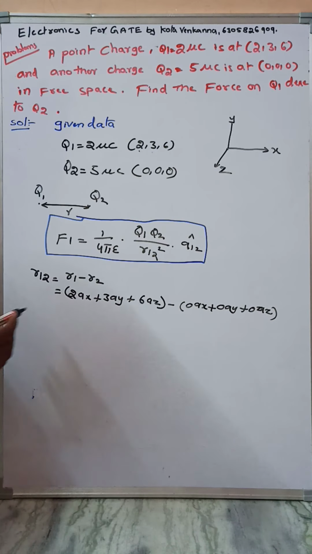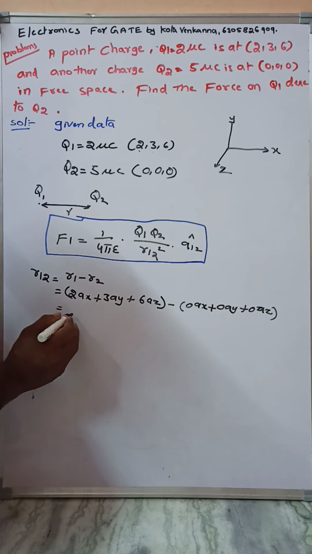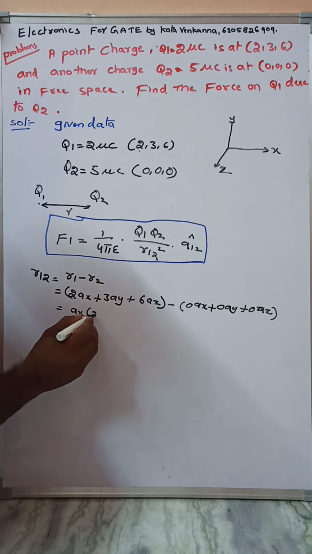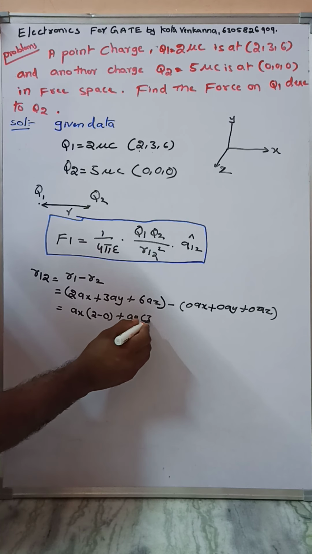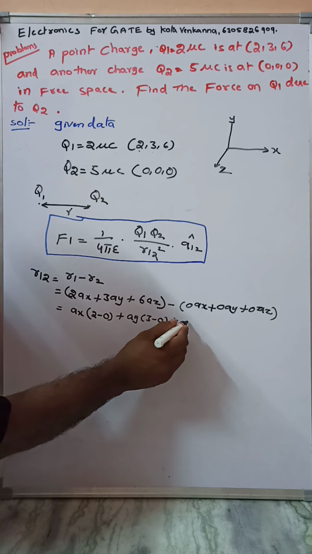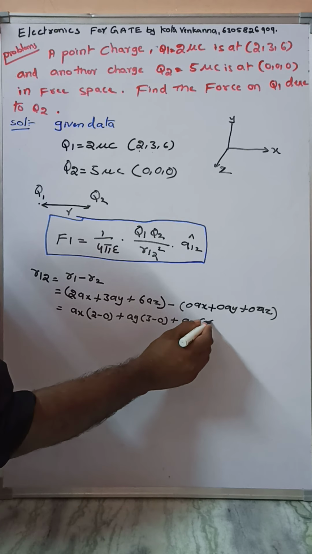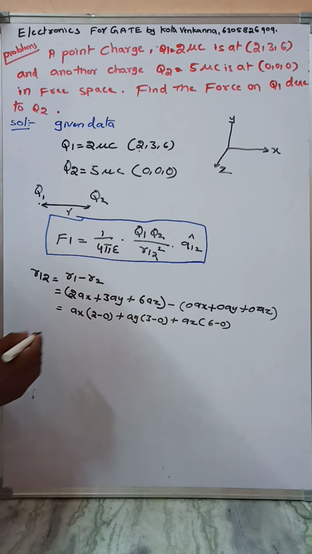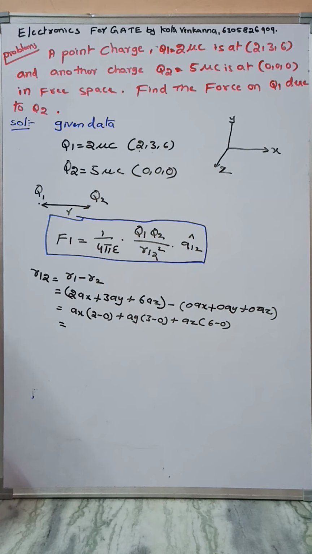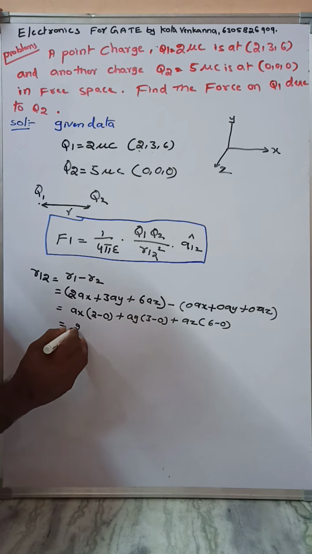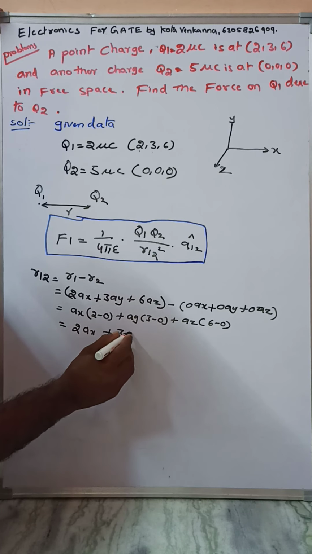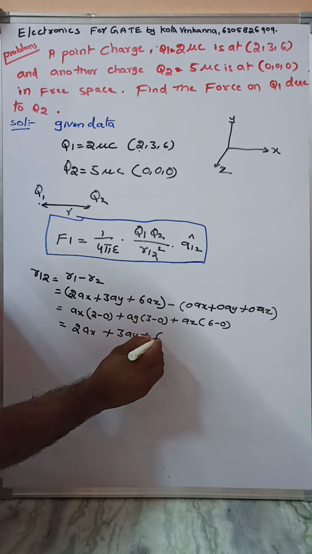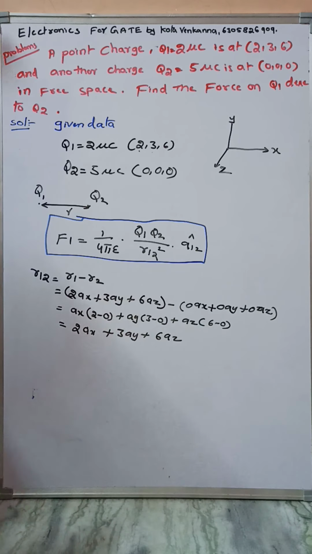So R1 minus R2 is the ax coordinate 2 minus 0, plus the ay coordinate 3 minus 0, plus the az coordinate 6 minus 0. The value is 2 ax plus 3 ay plus 6 az.